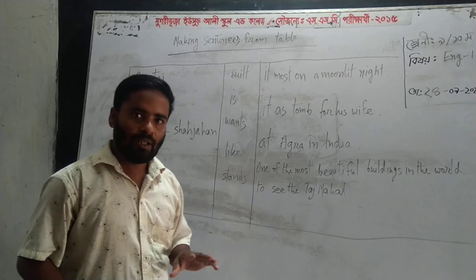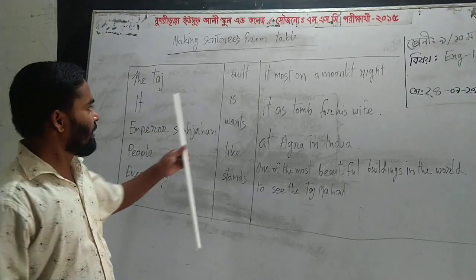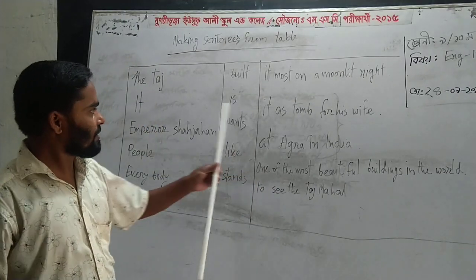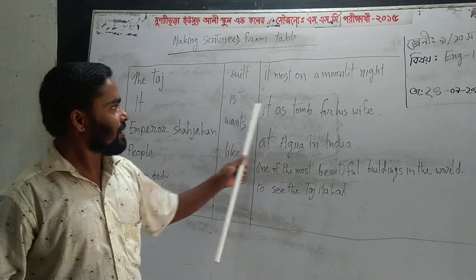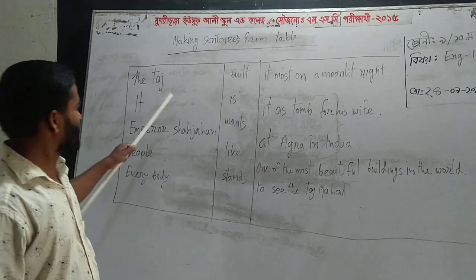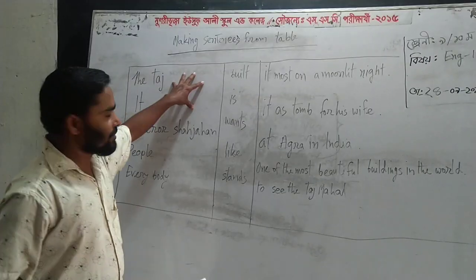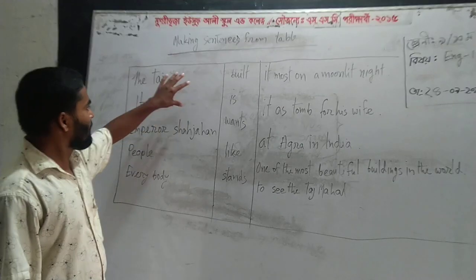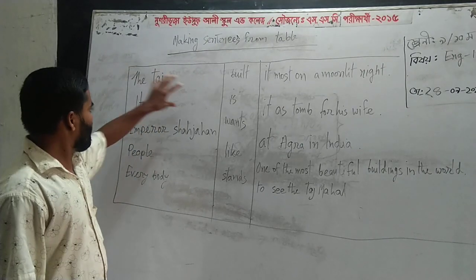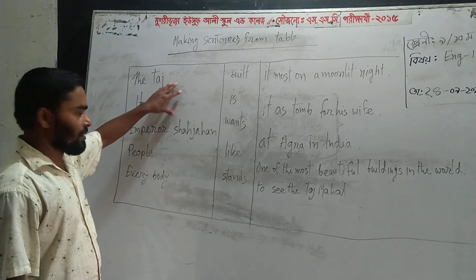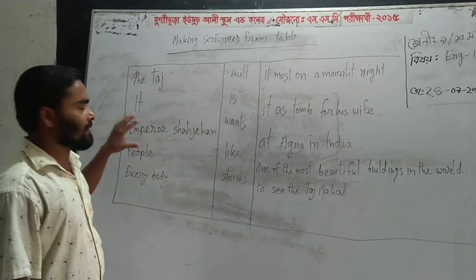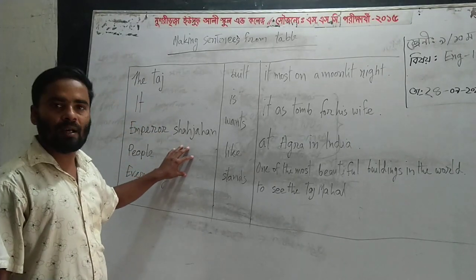So first you will have to read the table in 3 divisions. That is the first division, that is the second, and that is the last or third. So now the first part, you see some words, and these words are obviously subjects.